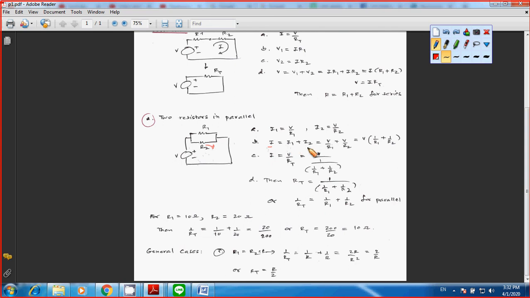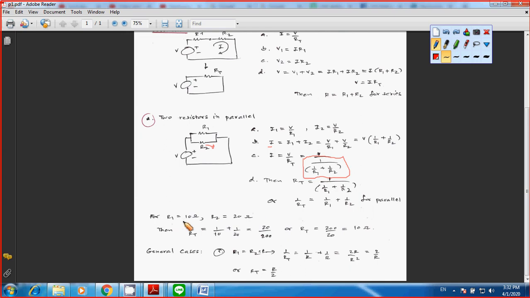And then I1 equal to V over R1 and I2 equal to V over R2. So your 1 over RT simply equals 1 over R1 plus 1 over R2, for parallel arrangement, that you're probably familiar with already.